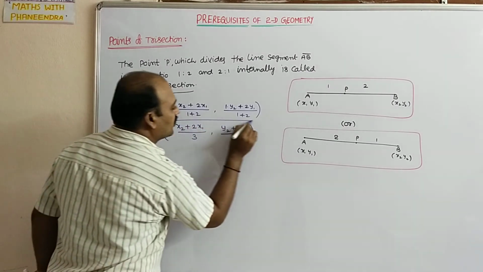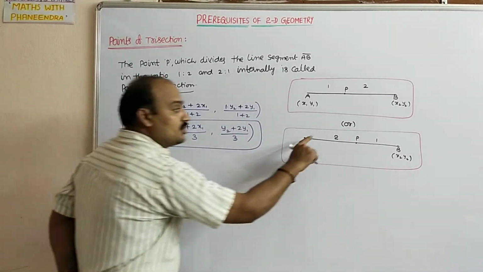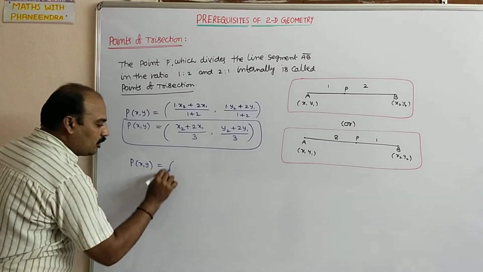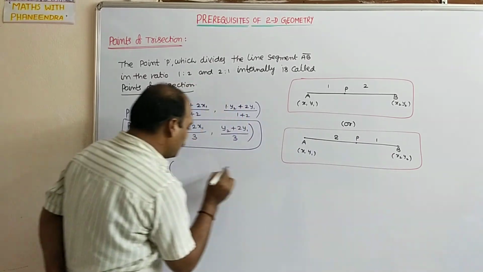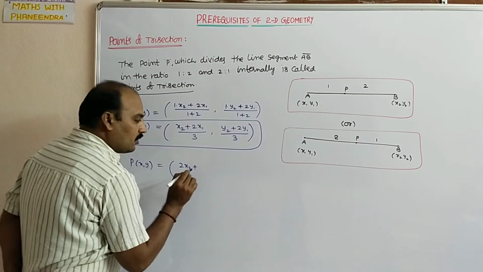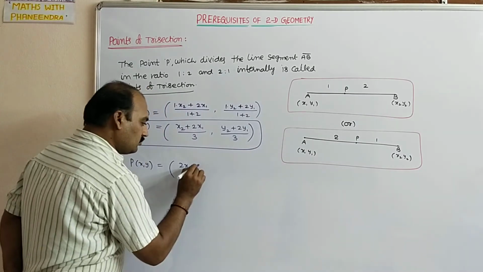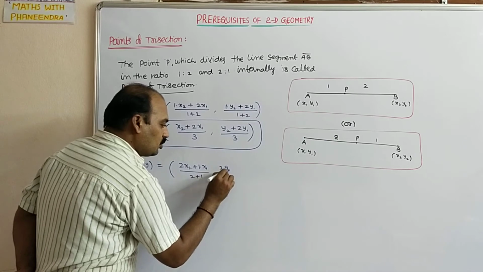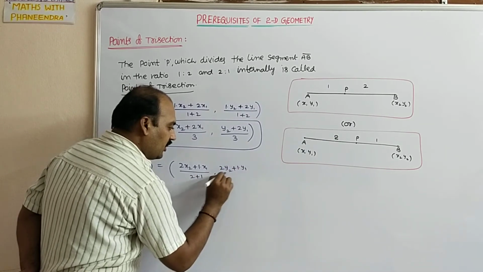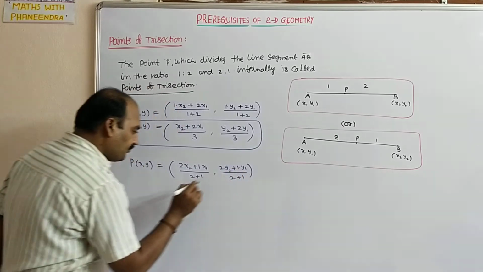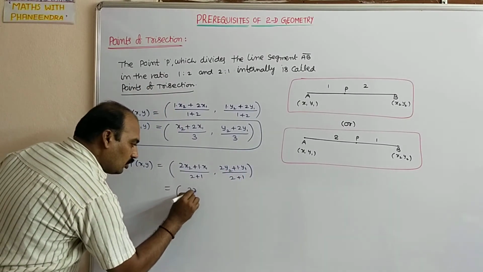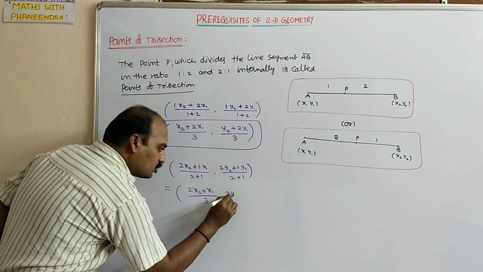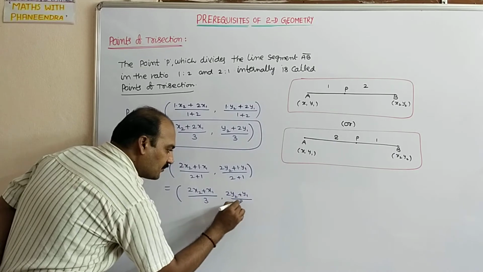Not only this case, but 2:1 is also there. How to get it? For the point P of x comma y, again you have to apply the section formula: 2 into x2 plus 1 into x1 divided by m plus n, 2 into y2 plus 1 into y1 divided by 2 plus 1, which is equal to (2x2 + x1)/3, (2y2 + y1)/3.